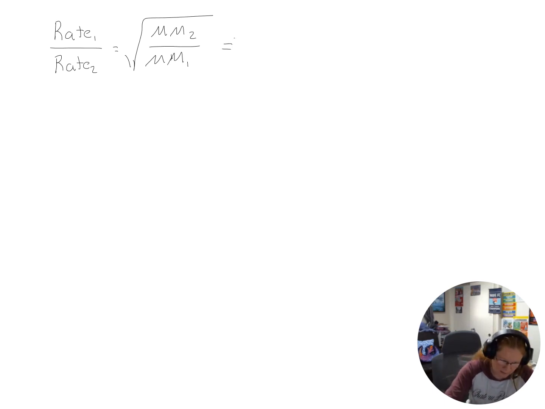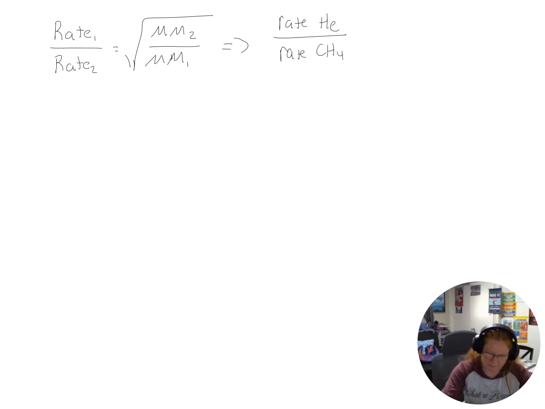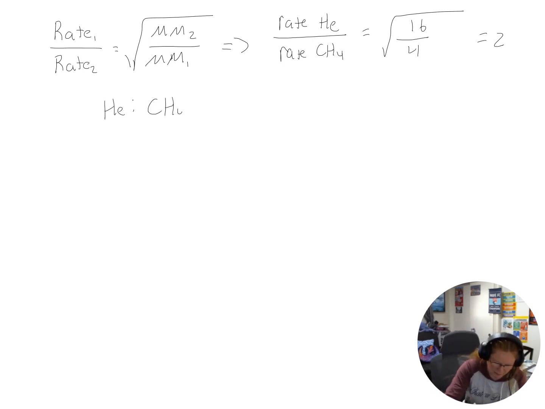All right, so we're going to do the rate of helium to the rate of methane is equal to the 16 for methane over the 4 for helium. And so we're going to get 2. So helium to methane equals 2. So helium will effuse twice as fast as methane.